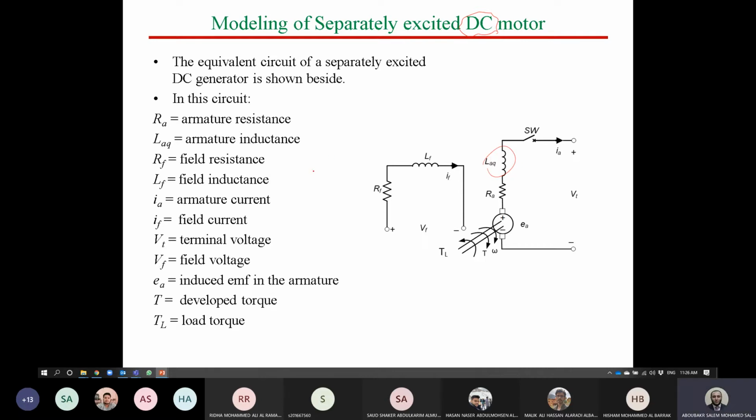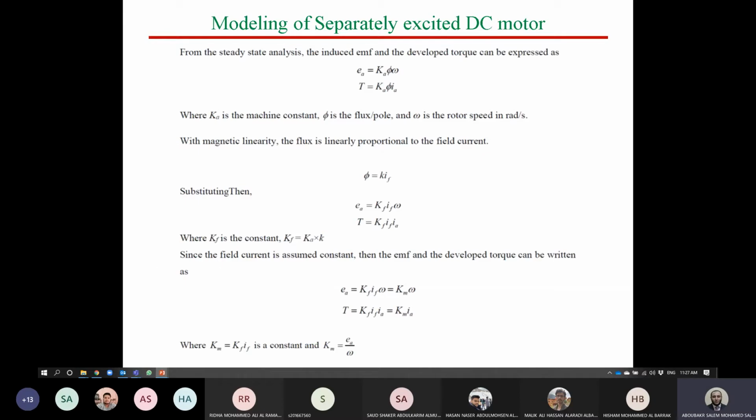Firstly, Shabab, the quantities we have are armature resistance, armature inductance, field resistance, field inductance, armature current, field current, terminal voltage, field voltage, EMF, which is the induced voltage. We have T, electrical torque, TL, load torque. Other parameters, we will discuss during the model, inshallah. So for now, you know that the effect of the field can be transferred to the armature winding by means of flux.